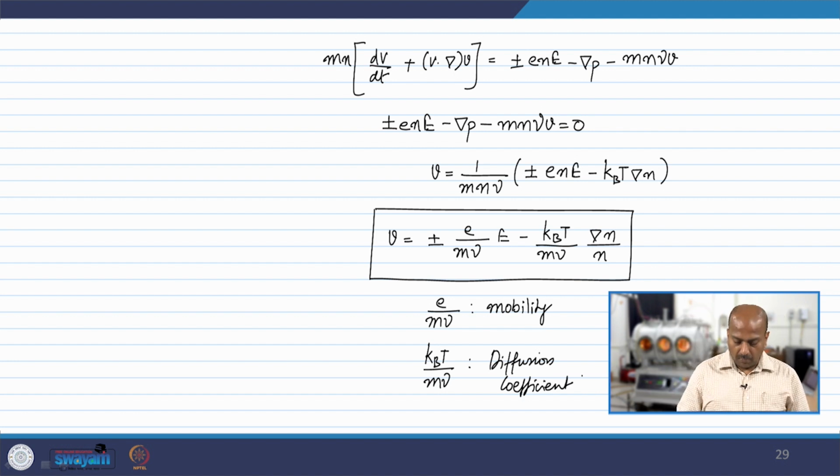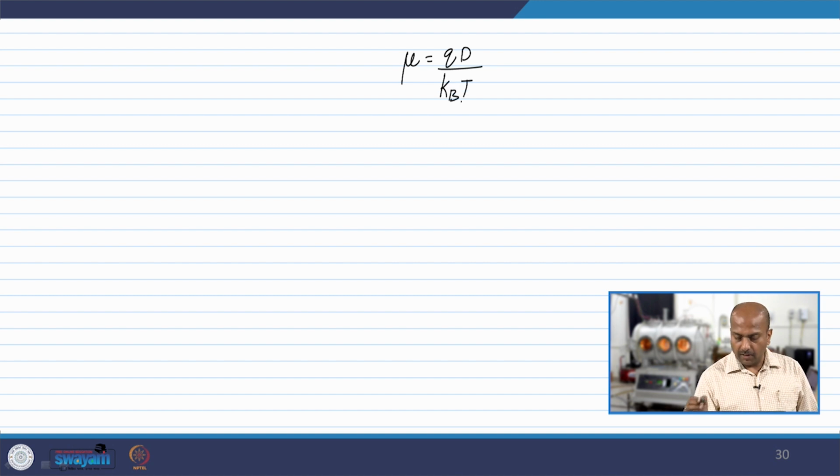So, the transport coefficients can be suitably adjusted, and we can write μ as qD by kBT. So, we have gotten rid of the collision frequency in the mobility expression.